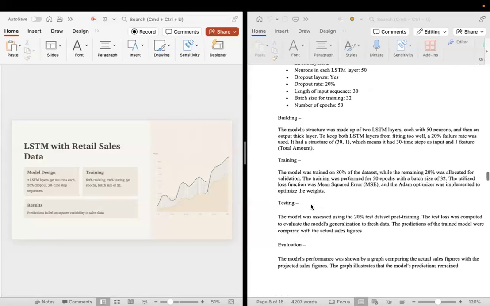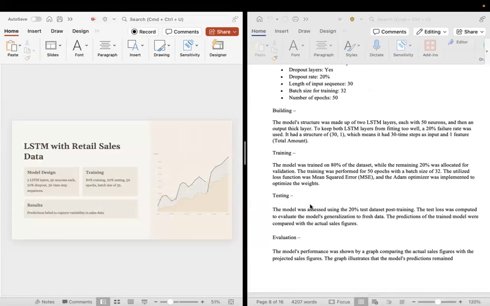The output is one value in total. Training. The model was trained on 80% of the dataset while the remaining 20% was allocated for validation. The training was performed for 50 epochs with a batch size of 32. The loss function utilized was mean squared error and the Adam optimizer was implemented to optimize the weights. Testing.